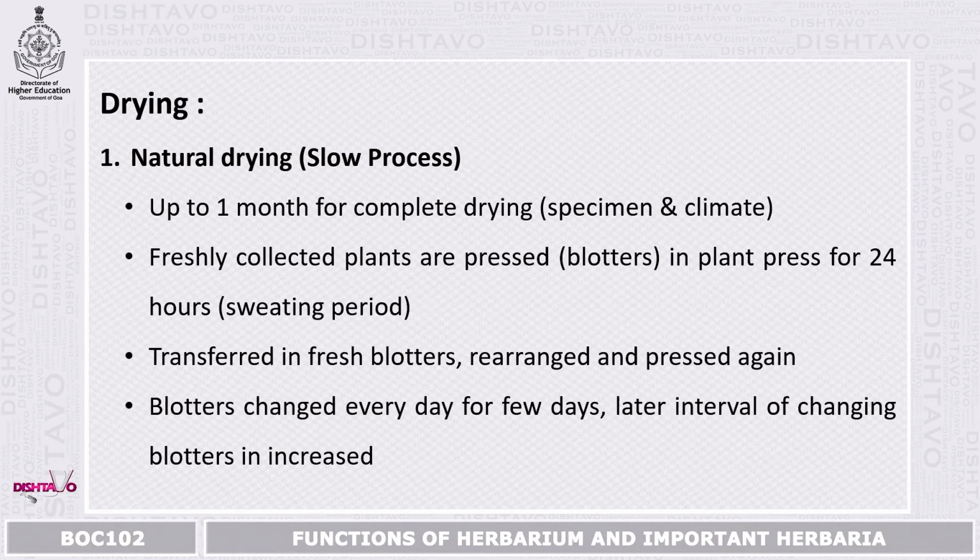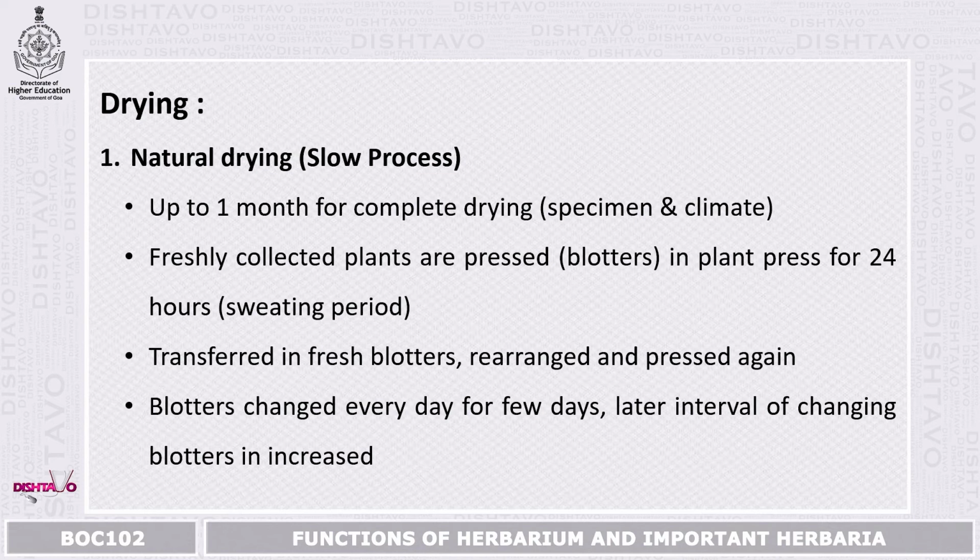The next step in herbarium preparation is drying. Drying of herbarium specimens can be done using natural air or artificial heat. First, natural drying. Natural drying is a slow process and takes up to 1 month for complete drying.